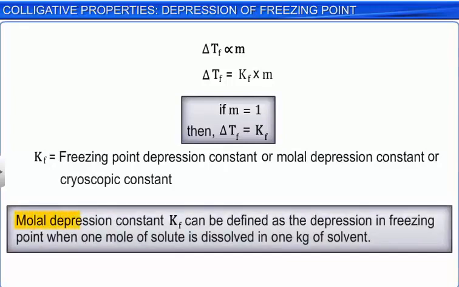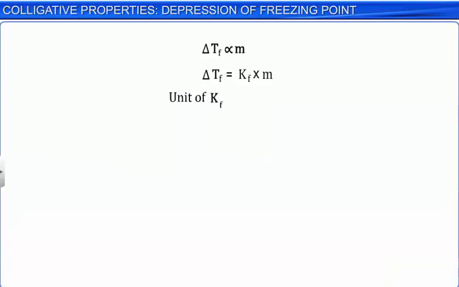Molal depression constant Kf can be defined as the depression in freezing point when 1 mole of solute is dissolved in 1 kg of solvent. The unit for Kf is Kelvin kilogram per mole.